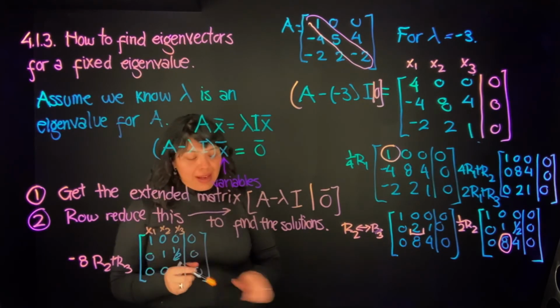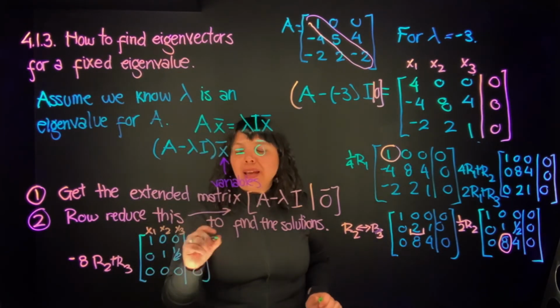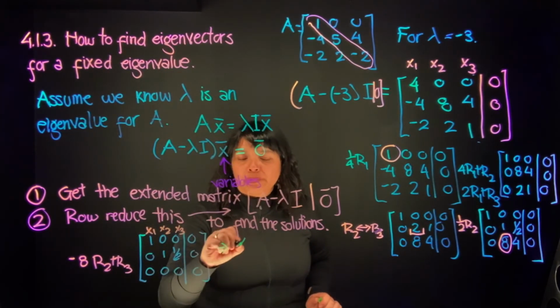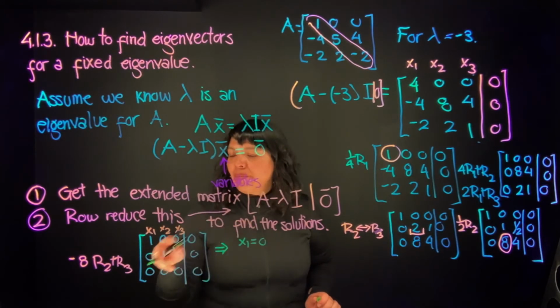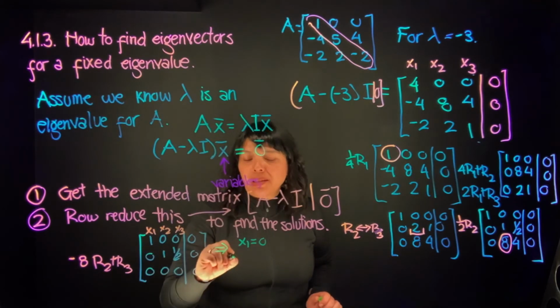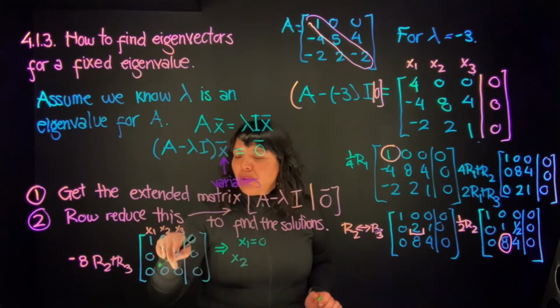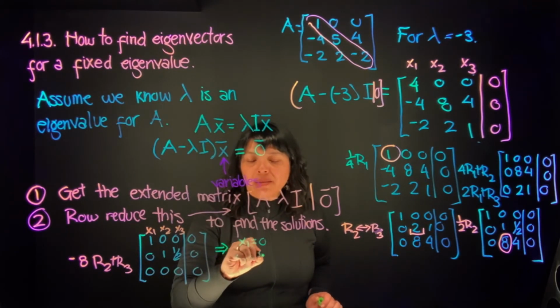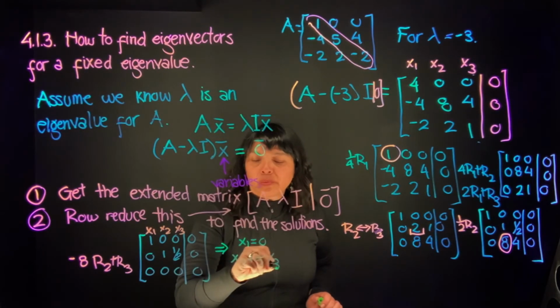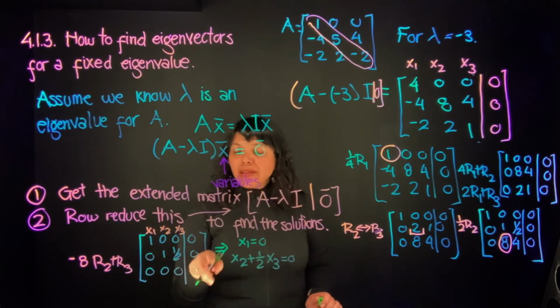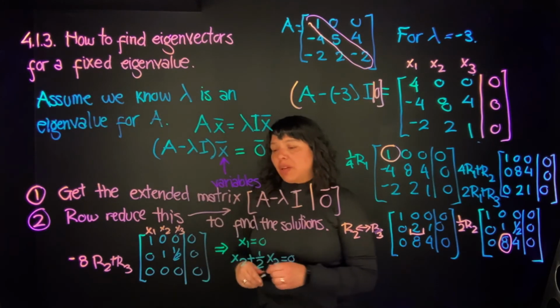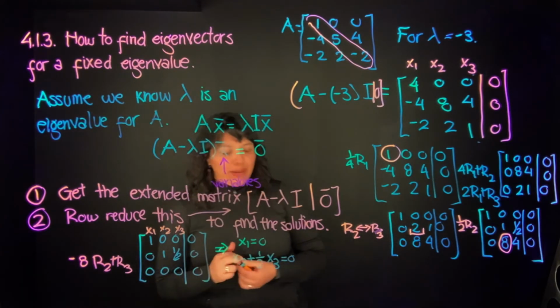So if I read that, what this tells me is that x1 is equal to 0. And then from the second line, I have 1 times x2 plus 1/2 x3 is equal to 0, and the last row doesn't give me any new information. 0 equals 0, which is fine.